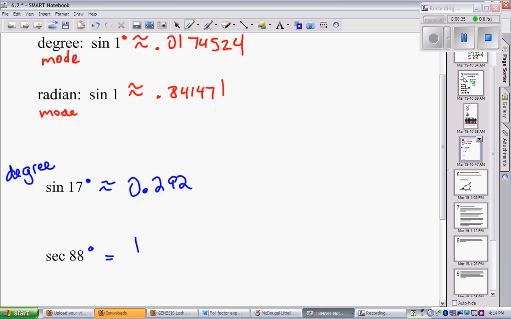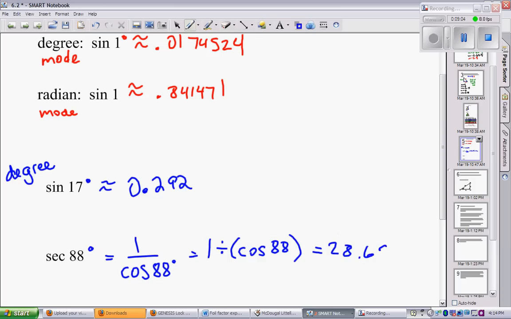It is 1 over the cosine of 88 degrees. So in your calculator, you need to plug in 1 divided by cosine of 88. And you will get out 28.654 if we round to 3 decimal places.